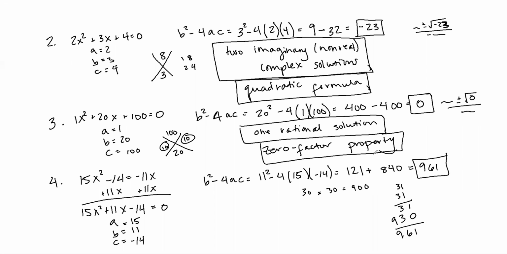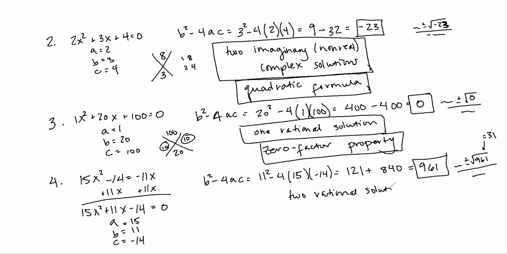So this is a perfect square, which means, thinking back to our chart, 961 is equal to 31 when you take the square root. This is going to give us two rational solutions. That's because this is a perfect square.